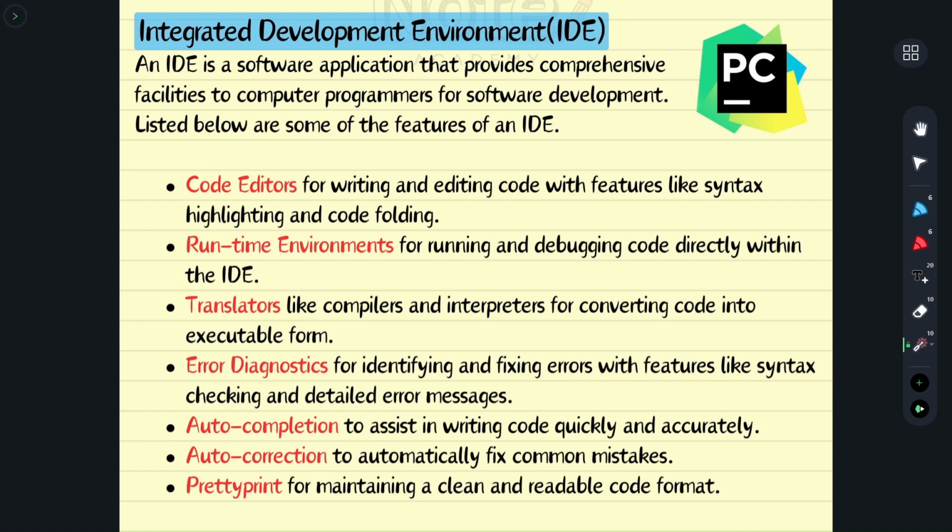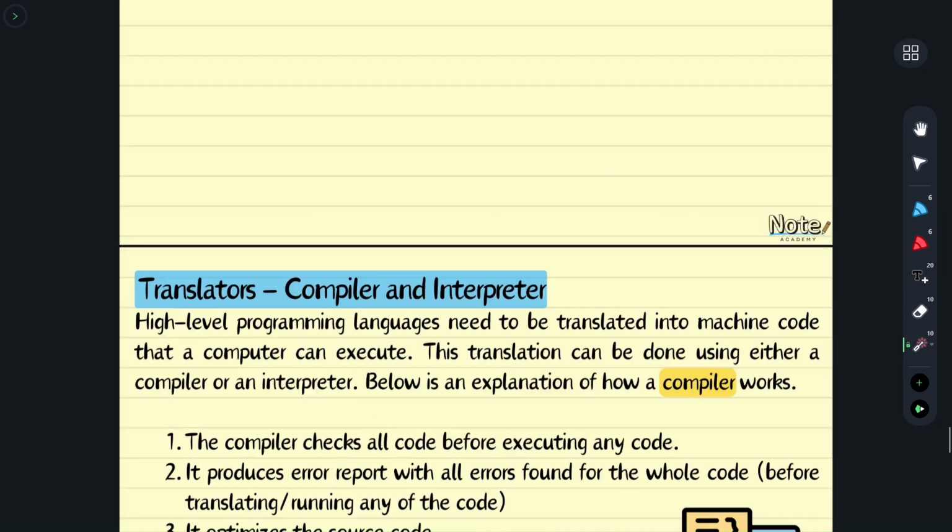First of all, they already have the translators built in. The compilers and the interpreters are already built into the application, and you don't have to download them separately. Secondly, they have auto completion. Let's say you're writing this for statement over here.